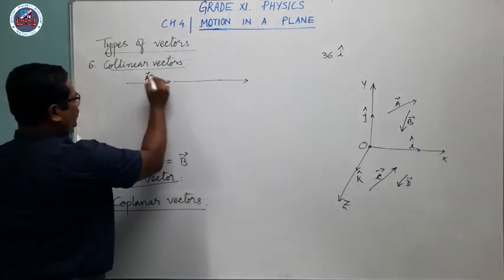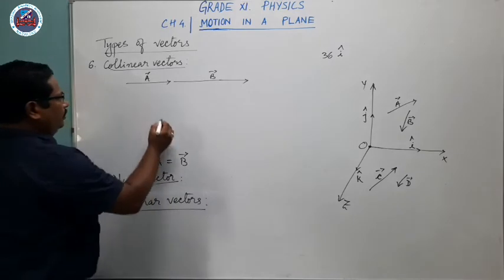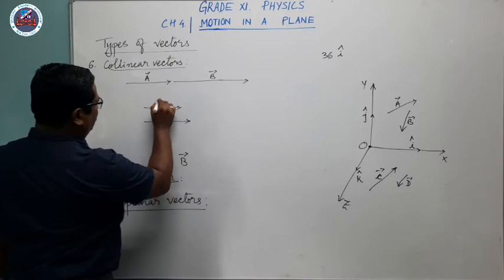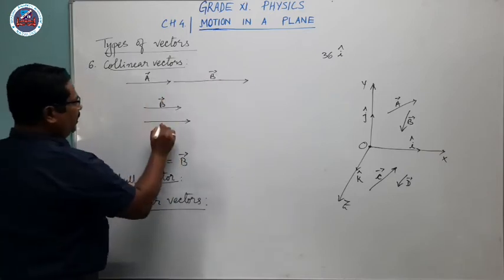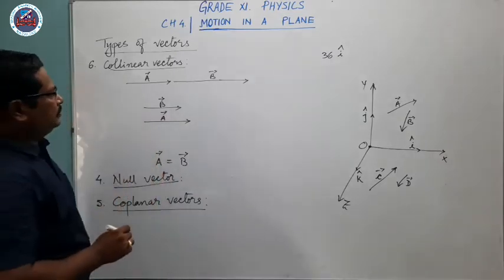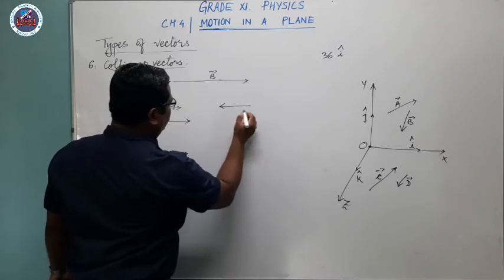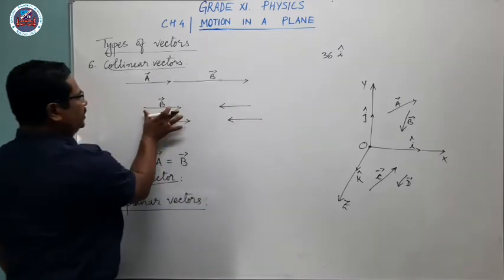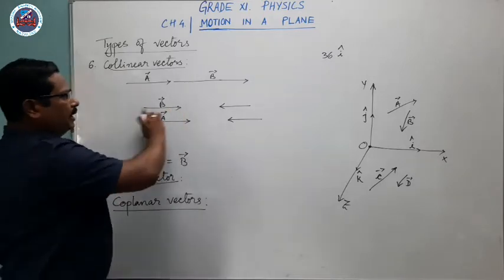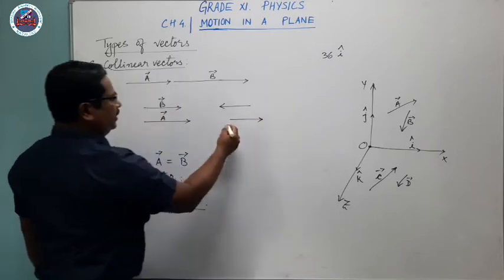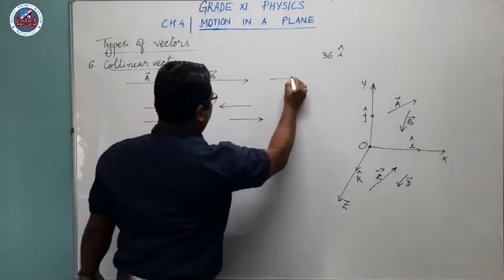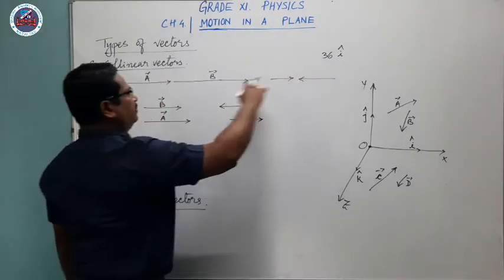Suppose this is vector A and vector B, or if the two vectors are along parallel lines, either they point to the same line or they are parallel to each other. It can be even anti-parallel also. It does not depend upon the magnitude. The length of the lines, you can see here short, this is long, doesn't matter, but they must be either parallel or anti-parallel like this, or they must be along the same line. Here also it can be this way, it can come this way also, along the same line of action.